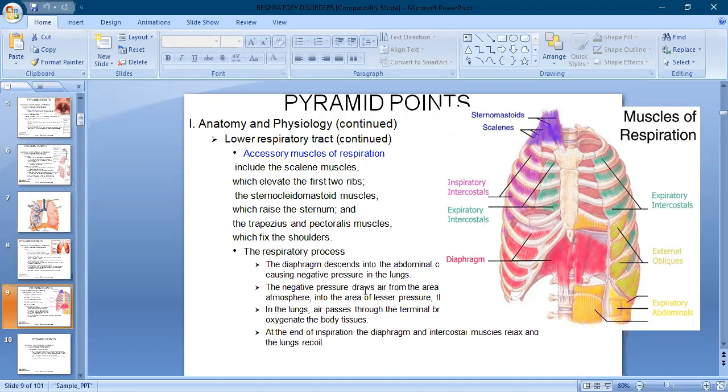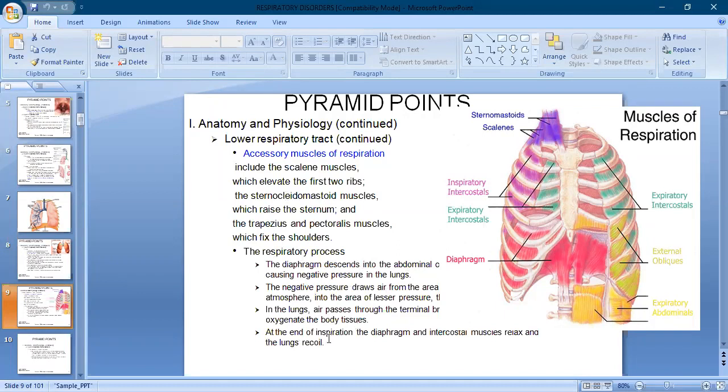Negative pressure always draws air from the area of atmosphere into the area of lower pressure. The air passes through the terminal branches, oxygenates the blood, and the oxygenated blood goes to the tissues.